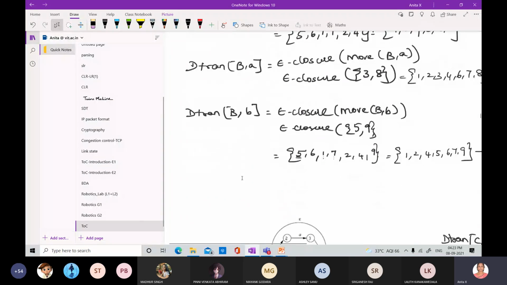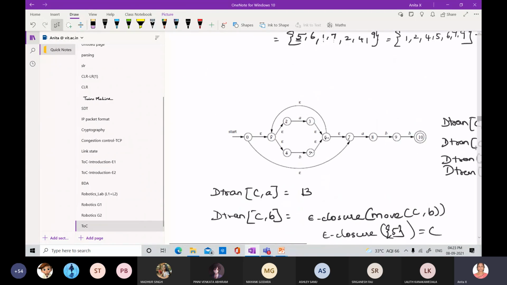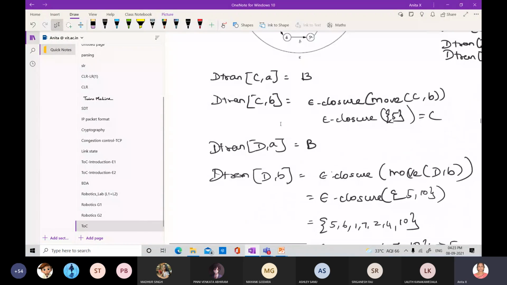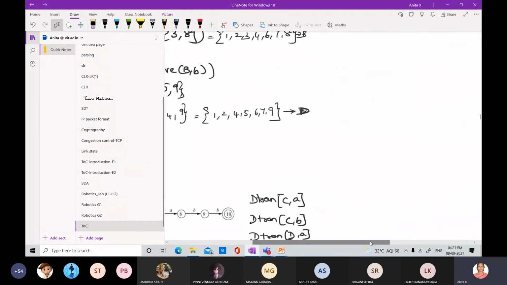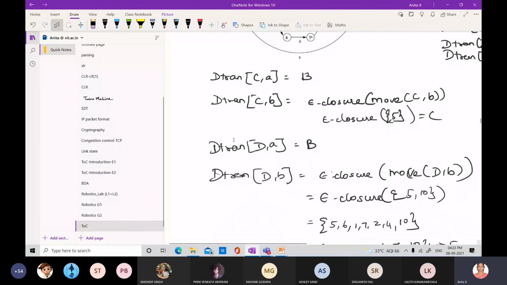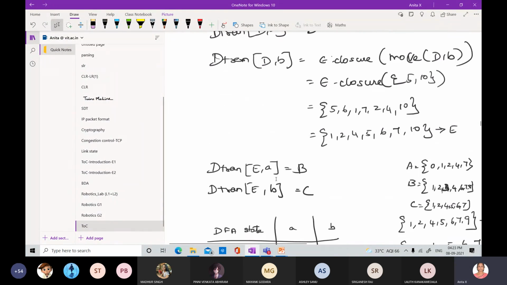So I have to proceed with dtran of B, a and b, and for C. Here I got a new state D, so I have to proceed for dtran of D, a and dtran of D, b. Again I got a new state E. If I proceed again, I am not getting any new state. So I can stop with this.